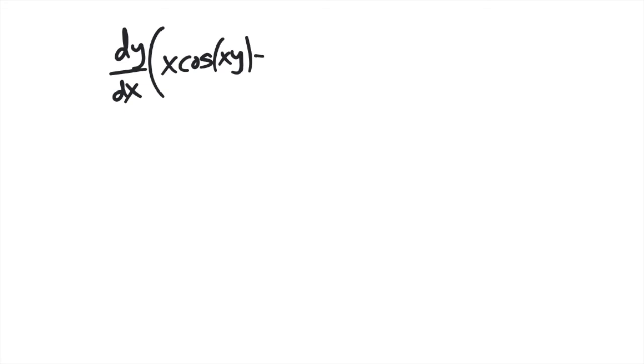So that's going to look like dy/dx, and then in the parentheses, we're left with x cosine of xy minus cosine of y.